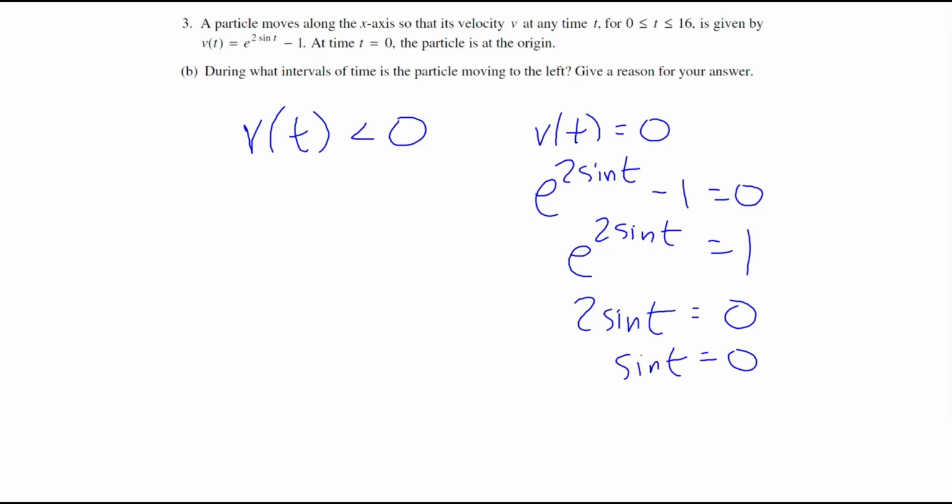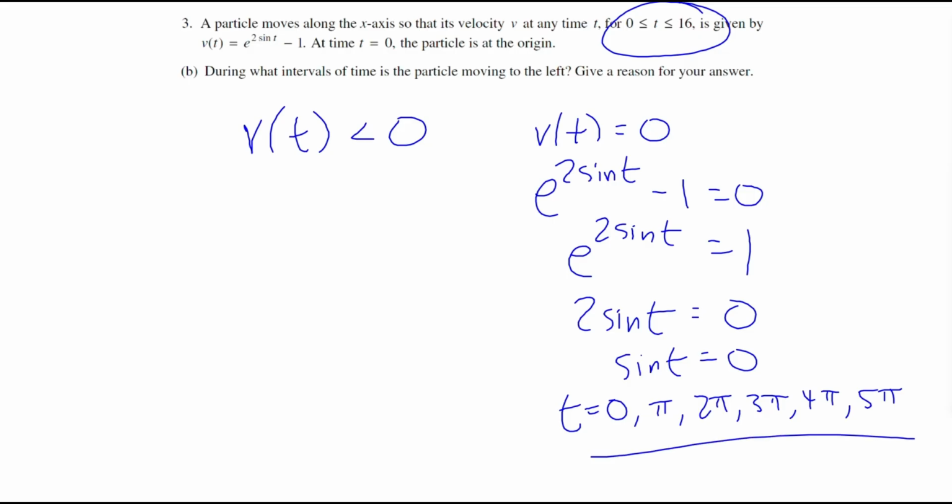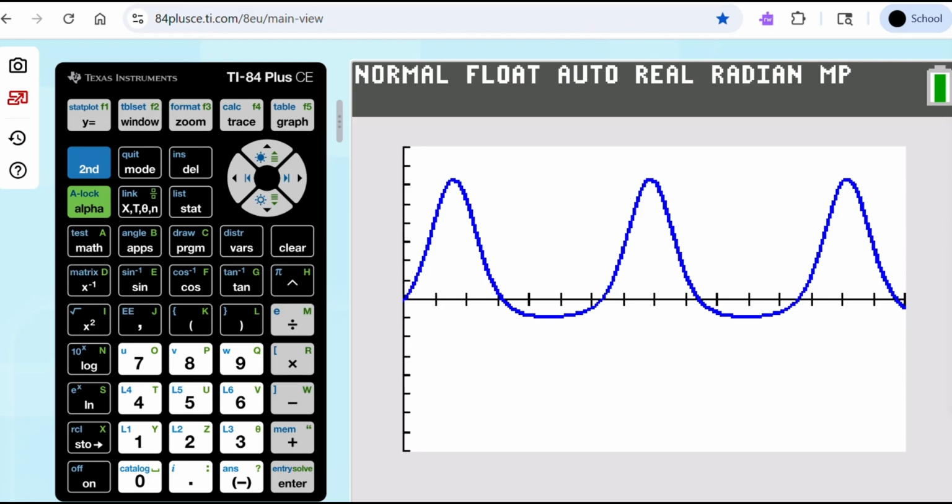Well, sine is equal to 0 at t equals 0, pi, 2 pi, 3 pi, 4 pi, 5 pi, and then 6 pi is going to be beyond 16, but 5 pi is not. And so those are our places. So we know what all of our intercepts are now if we look back at the graph. So we've got pi to 2 pi, from the first one here at pi to the next one at 2 pi, and then from 3 pi to 4 pi, and then from 5 pi to the end of the interval at 16.